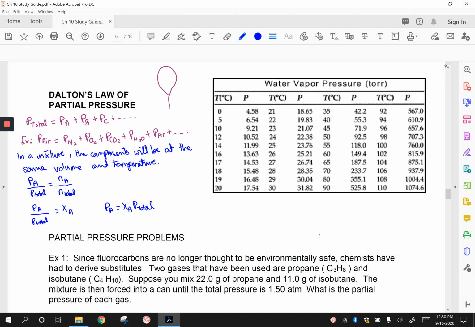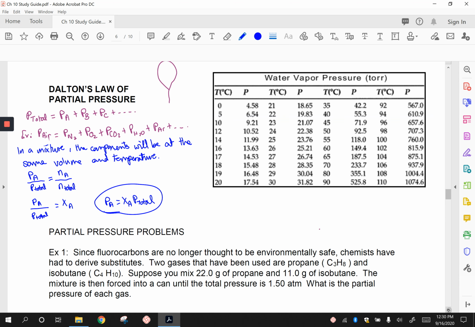This is an equation that we're going to be using sometimes. You can use it in any of these forms that you would like, but that's how you can come up with it if you have a mixture of gases. So let's try a few problems here.